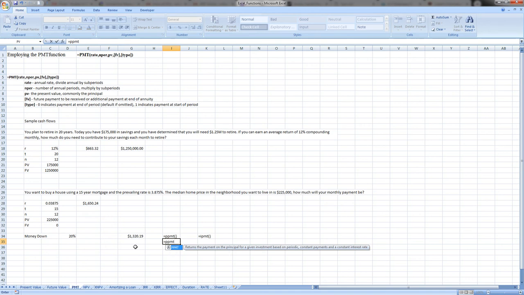So that is, of this payment of $1,320.19, how much for each period is going to principal. Of course, this is going to change from payment 1 to payment 2 to payment 3. And as we do the IPMT, this will give us the interest for each period. So we'll see as our loan amortizes how much of the payment goes to principal and how much goes towards interest. We'll cover this in deeper detail in the amortizing a loan tutorial video.